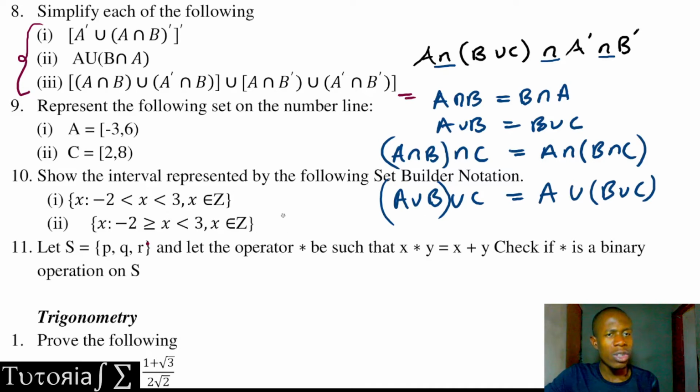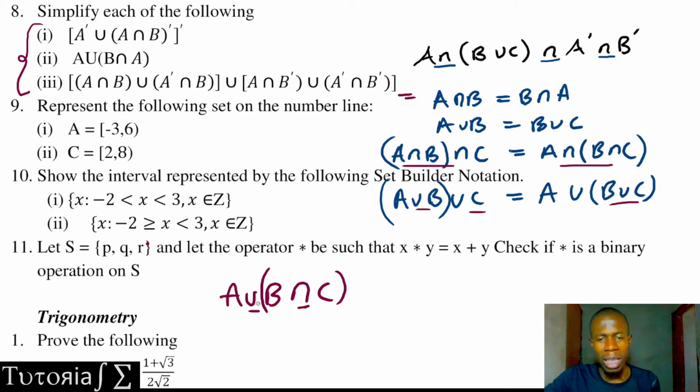Then there's also the distributive law. Let's say you have A union B intersection C. Now we see that the operations are different here, so we cannot use the association law. Since they are different, we can distribute the value that is outside.